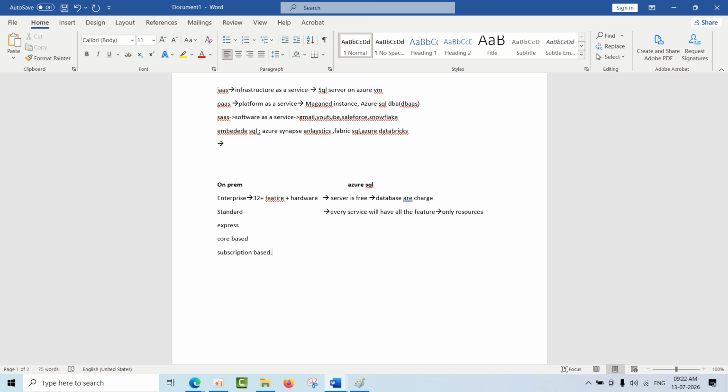Yes, yes, core based is also there. Minimum two cores have to be purchased for everything if you want to do that. Okay, now these are the ways we have in on-prem.